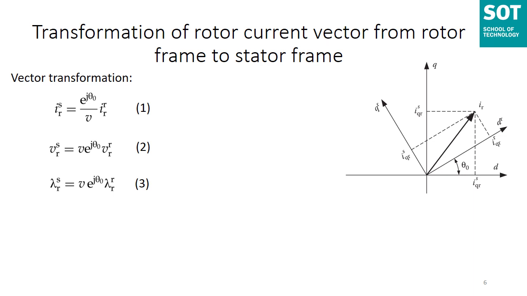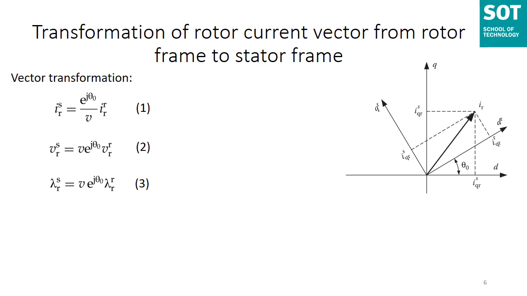Please do notice here, as you can see in equation 1, I_R is both on the LHS and RHS, but the superscript is S, representing that it is referring to the rotor induced current with respect to the stator fixed frame, whereas on the RHS of equation number 1, I_R^R represents the rotor current referred to the rotor fixed frame.